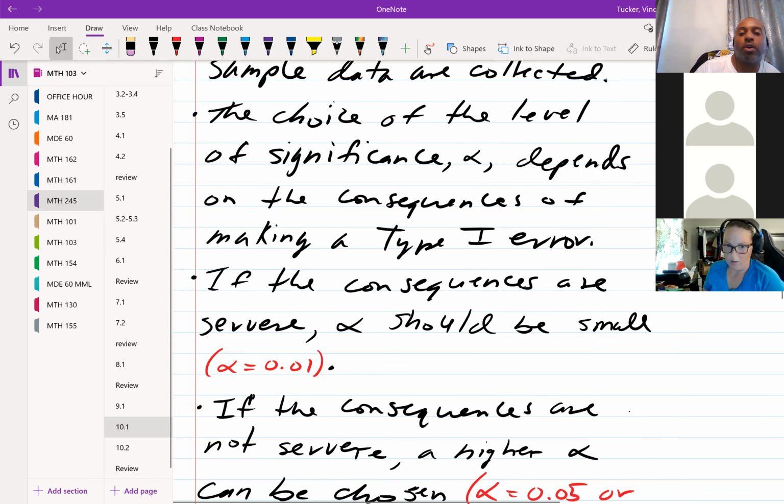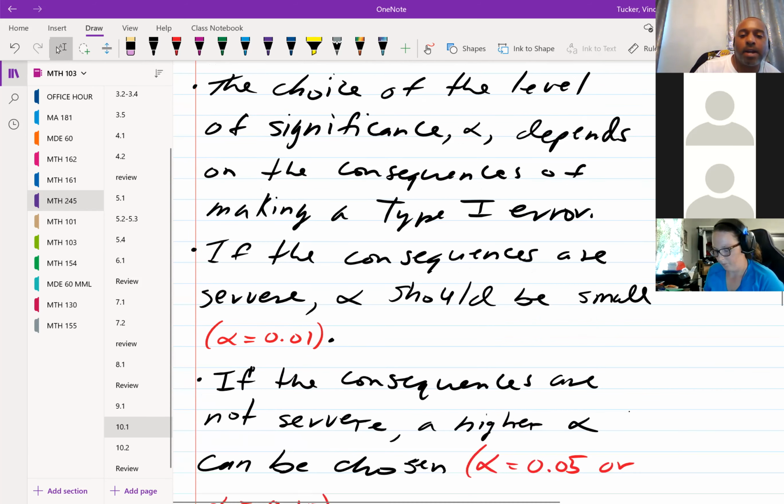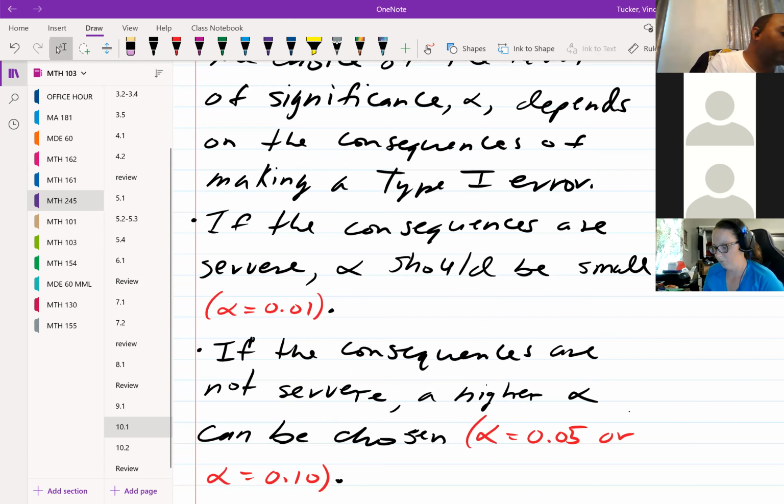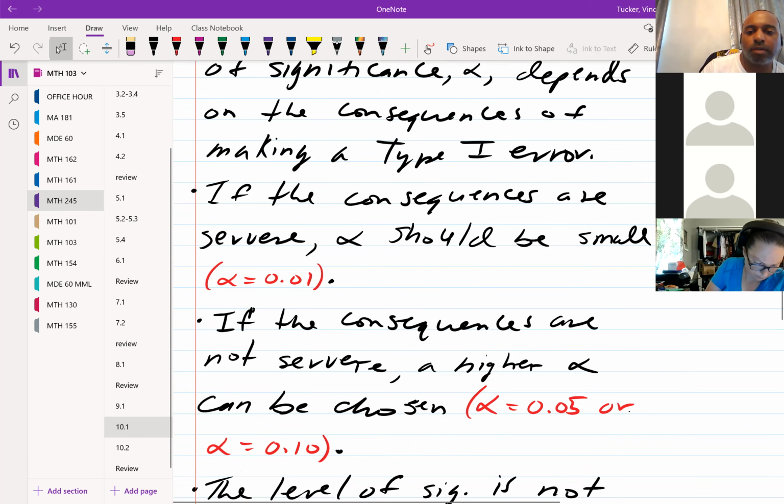But if the consequences are not severe, a higher alpha can be chosen, so 0.05 or 0.1.